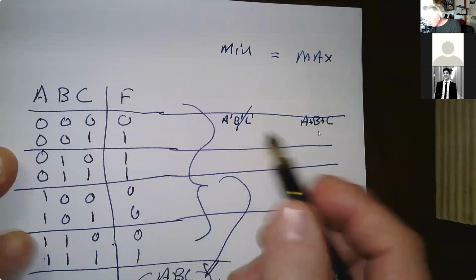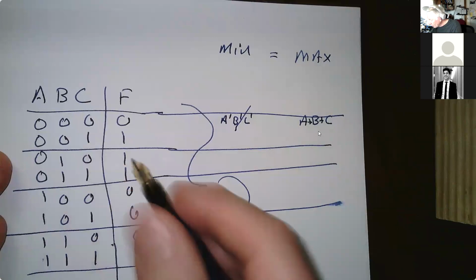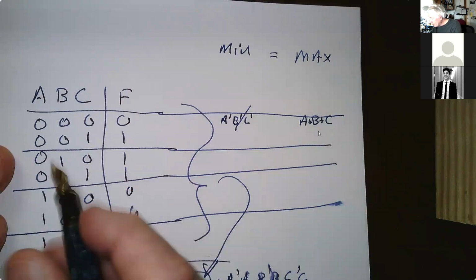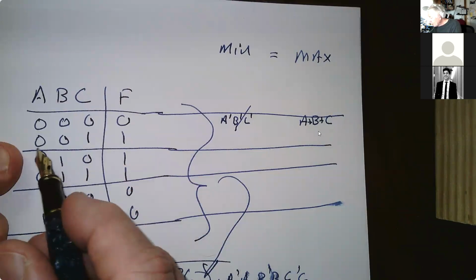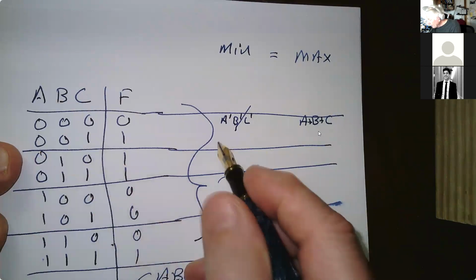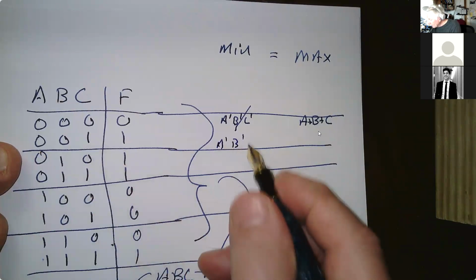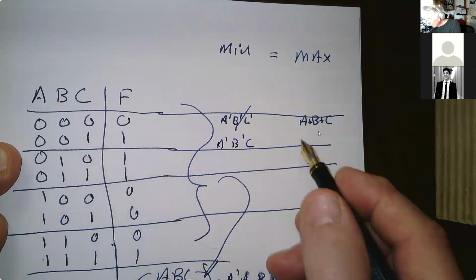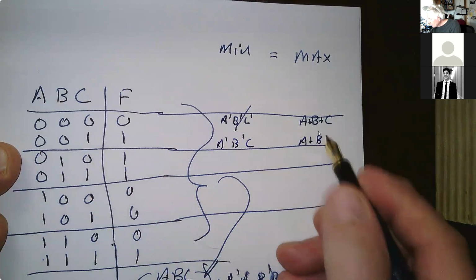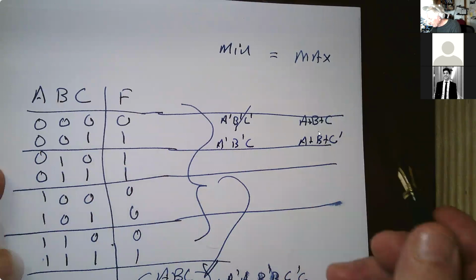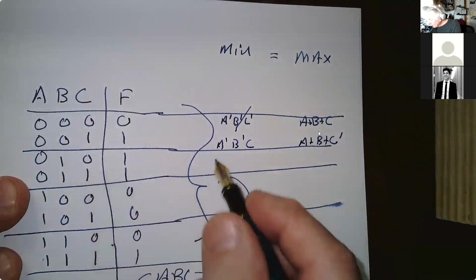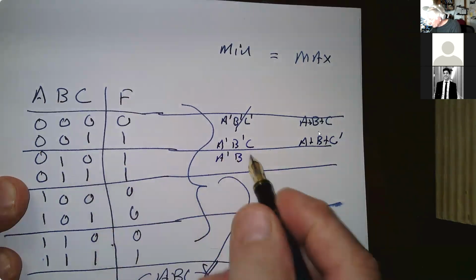If we're going to do a max term solution, we would just use the max terms. And if we're going to do a min term solution, we'd use the min terms from these rows where F is 1. So the min term for here would be A prime, B prime, C. And the max term would be A plus B plus C prime. And here the min term would be A prime, B, C prime.